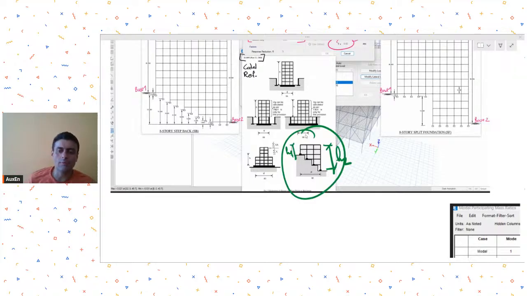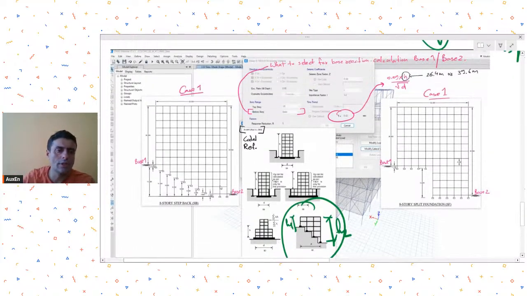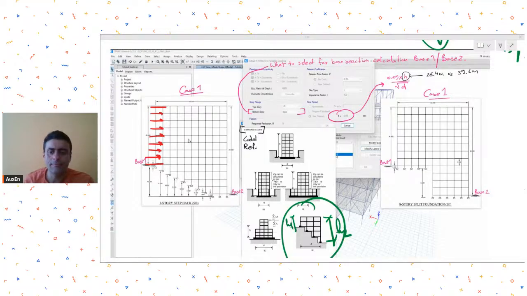But now when you put it in the story range, what ETABS does is that it will calculate the earthquake forces, and while application of story shears, it will apply them only between the floors that you have specified. You understand?